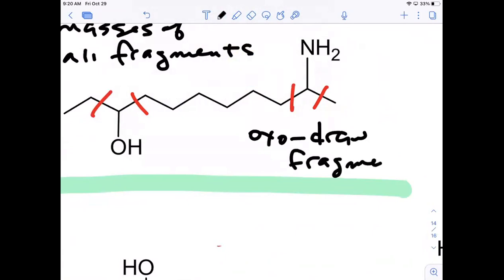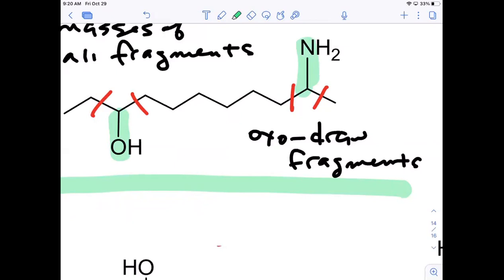What determines where you cleave off at? Well, there are certain patterns that these molecules are going to follow. Here we're just doing alpha cleavage. Once you find a specific functional group, like an alcohol, an amine, or a ketone, you just cleave to the left and to the right of that functional group. Those are alpha cleavage patterns.